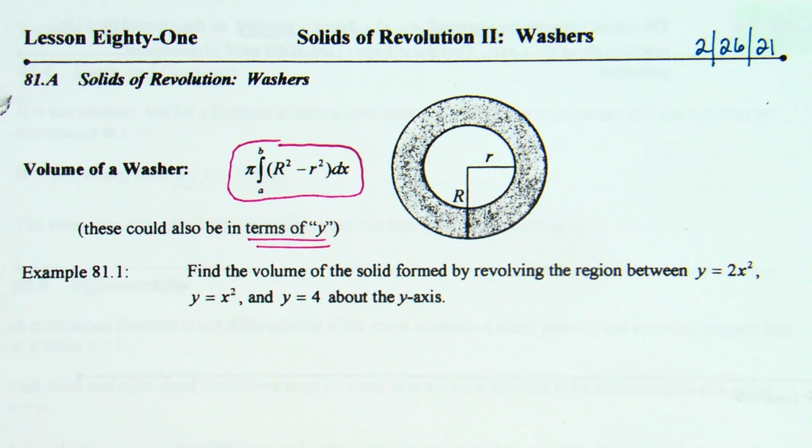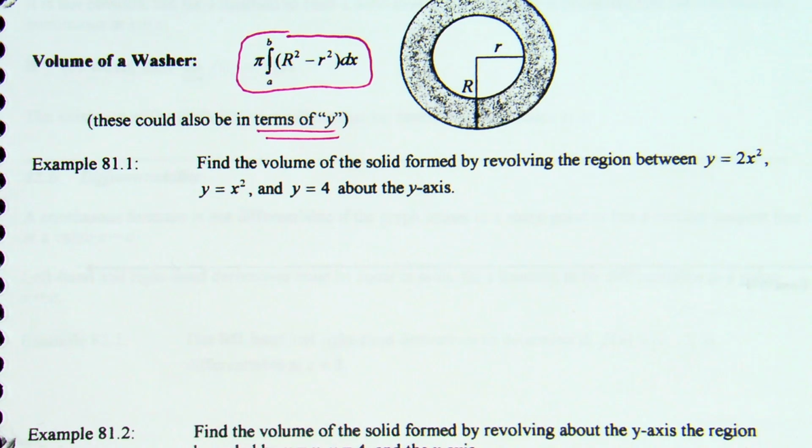Example 1. Find the volume of the solid formed by revolving the region between y equals 2x squared and y equals x squared and y equals 4 about the x-axis. Excuse me, about the y-axis. That makes a difference, doesn't it?